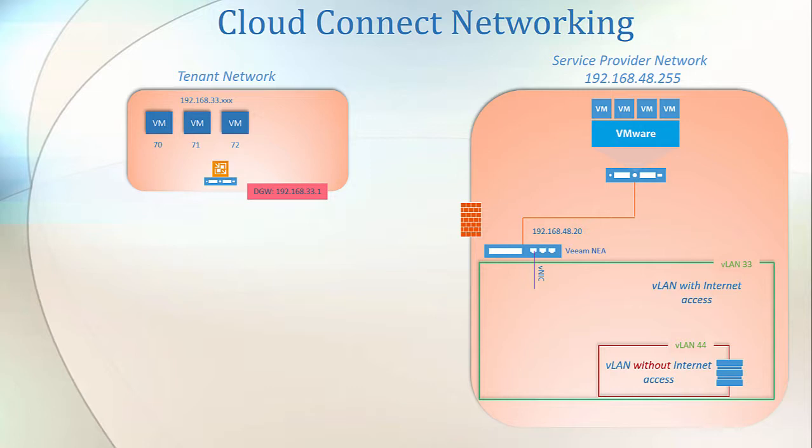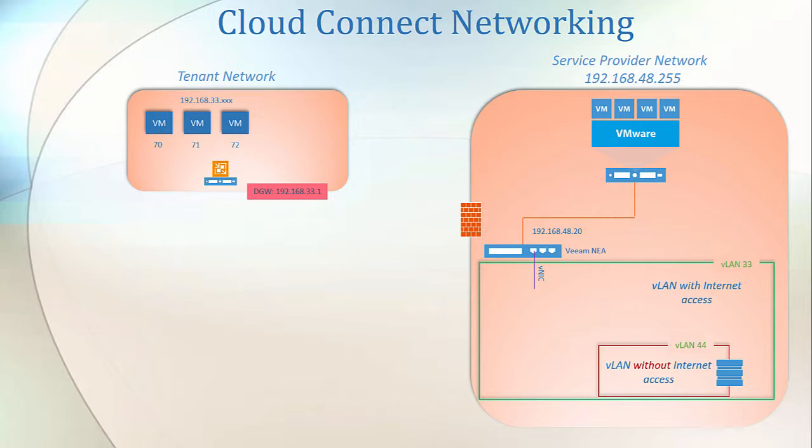In Veeam Backup and Replication, the service provider can specify VLANs with internet access and VLANs without internet access. VLANs without internet access can be used as internal networks that let VM replicas communicate with each other after full site failover and with production VMs after partial site failover.